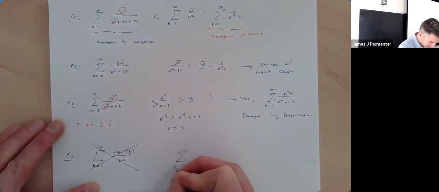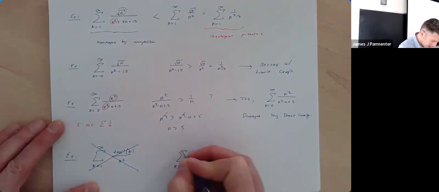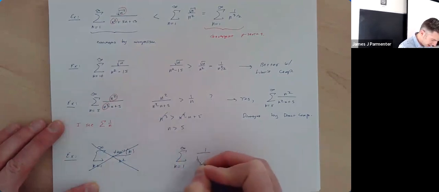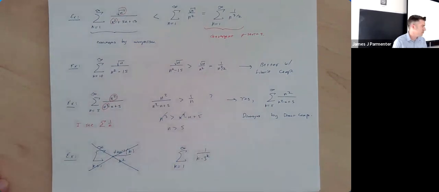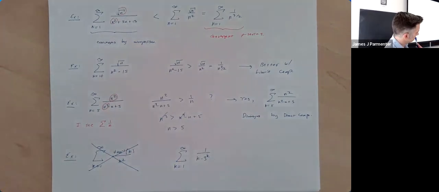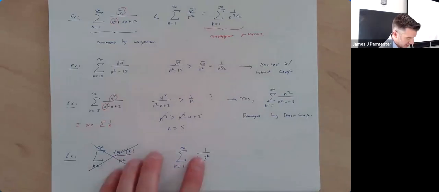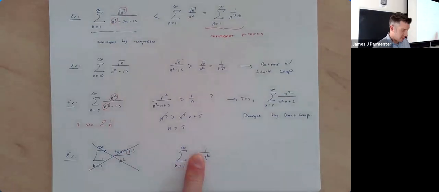The sum from k equals 1 to infinity of 1 over k times 3 to the k. Interesting. Well, if it weren't for the k, that series would be a geometric series that converges, right? So your ratio is 1/3.